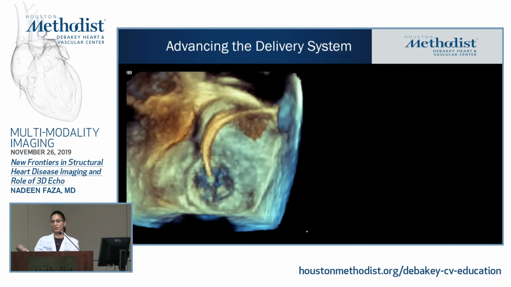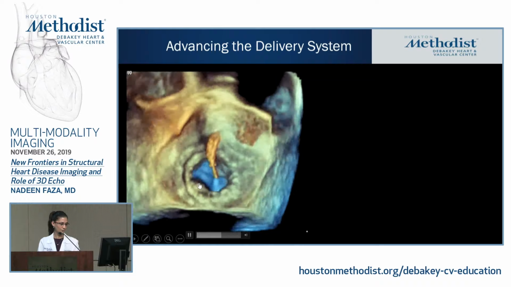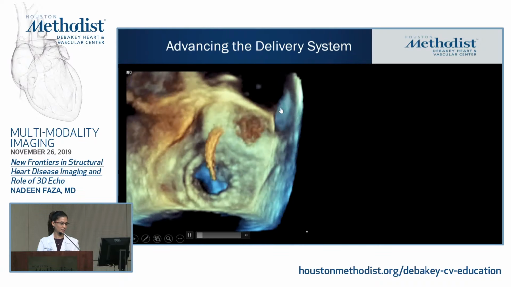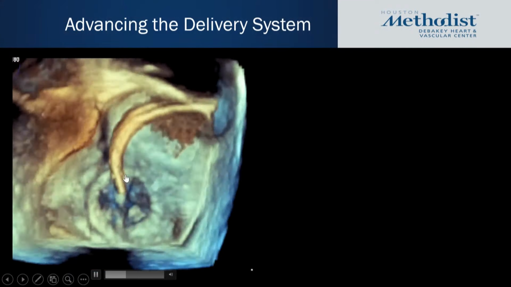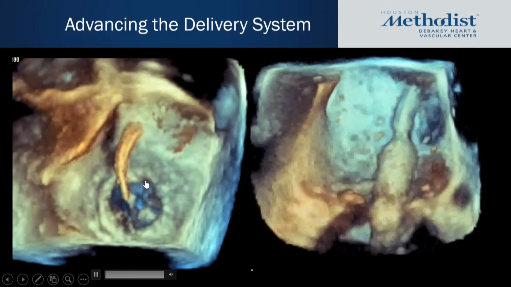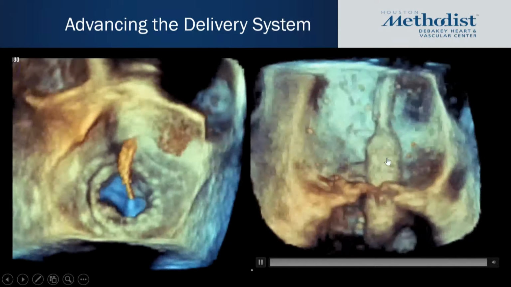And again, we start with a transseptal puncture under echocardiographic guidance, followed by advancing the delivery system into the valve. You want to make sure that the delivery system is going straight into the bioprosthetic valve. This is your transseptal site, and this is your catheter, and this is your dysfunctional mitral bioprosthesis. And then a balloon is advanced.